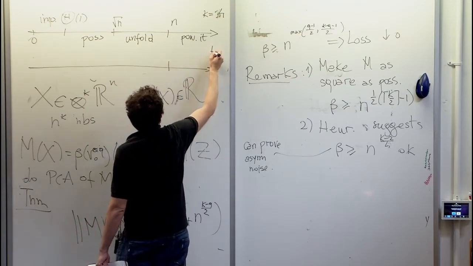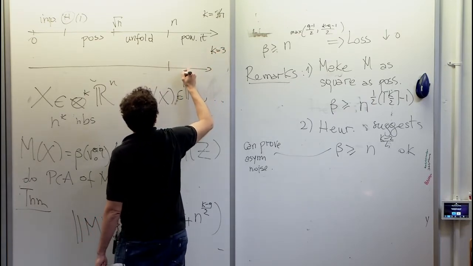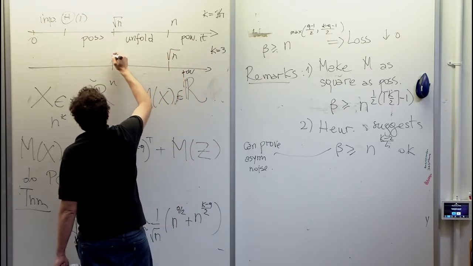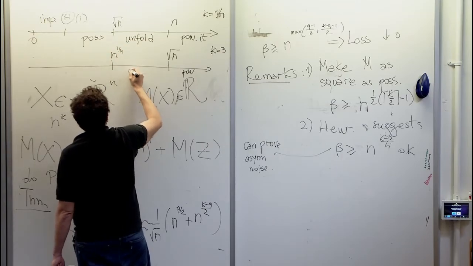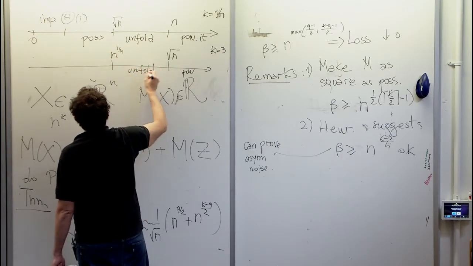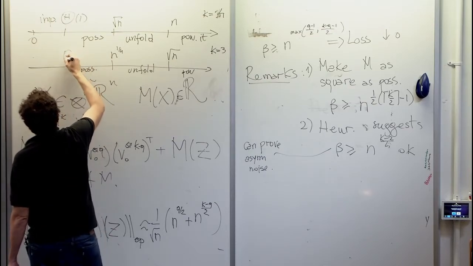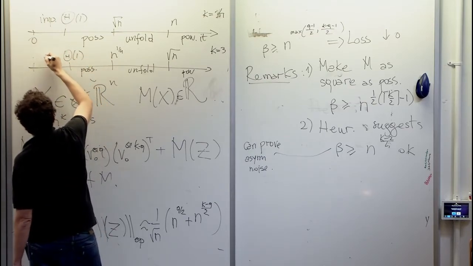If you repeat the same for k equal 3, you get power iteration, here square root of n, here n to the 1/4, here unfolding. Here it's possible, but we don't know how. There is theta of 1, and here it's impossible.